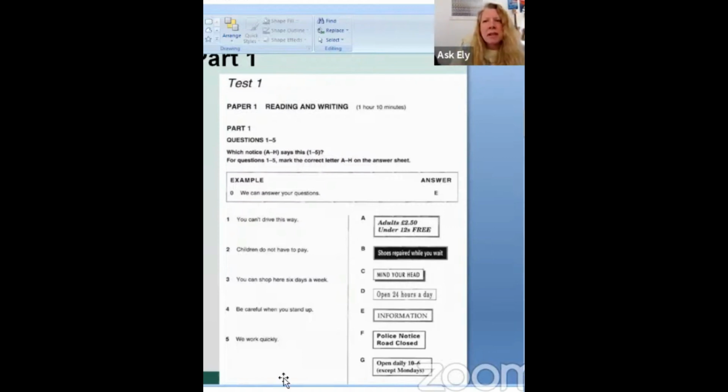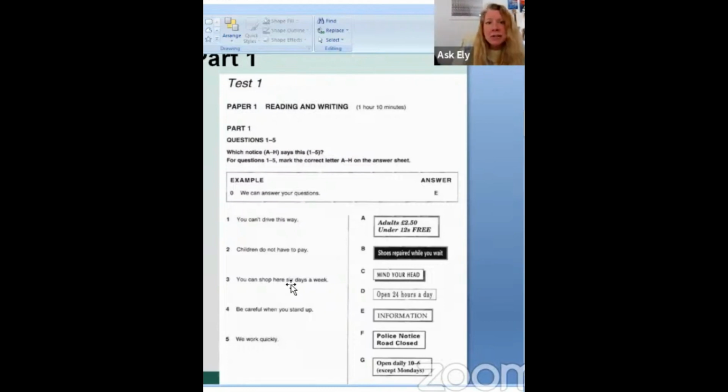Okay, number 3. You can shop here 6 days a week. Okay, what are the key words? Shop. Do you like to shop? I don't like to shop. But you could shop at this place 6 days a week.